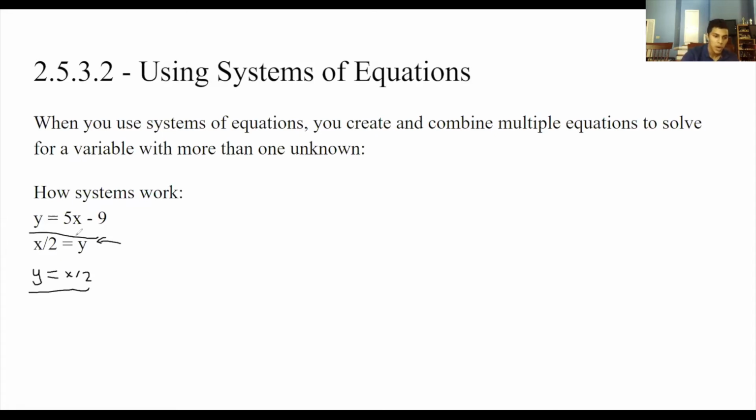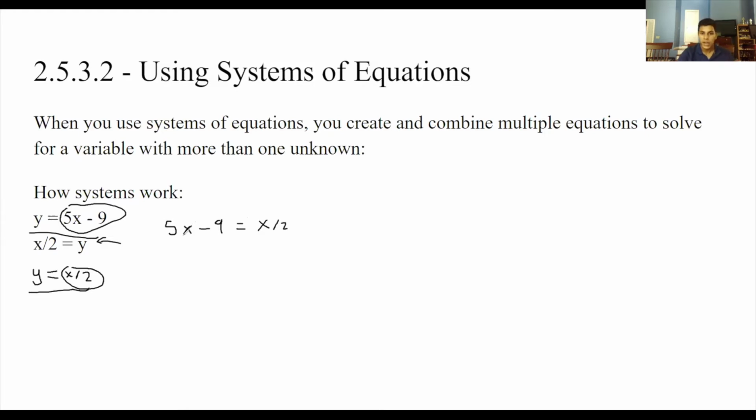This one's saying y is equal to 5x minus 9, and this one is saying y is equal to x over 2. Well, if both of these are equal to y, then I can say 5x minus 9 equals x over 2. Because y doesn't change. They're both equal to y, so therefore, they're also equal to each other.